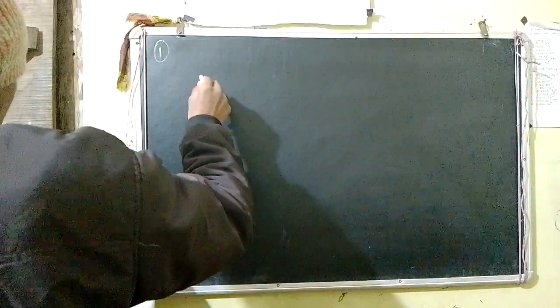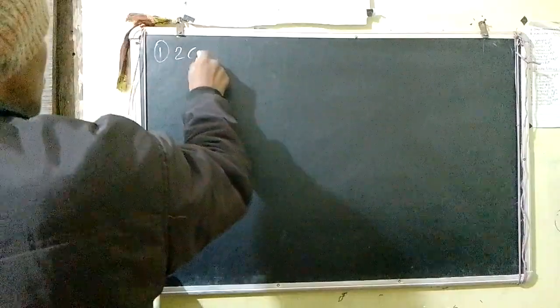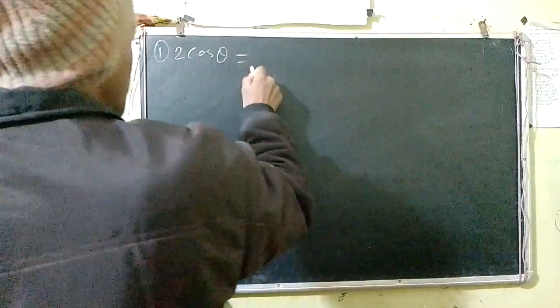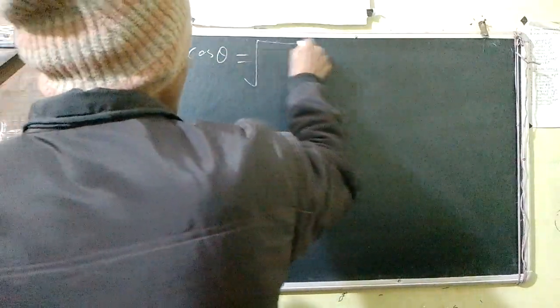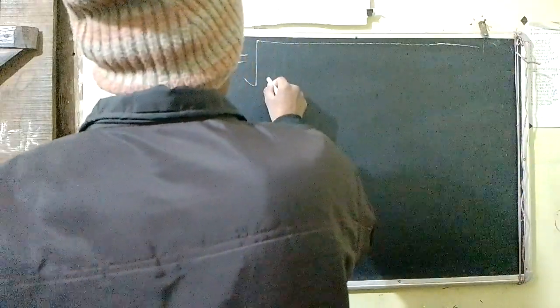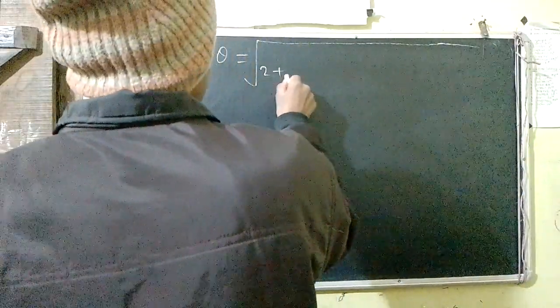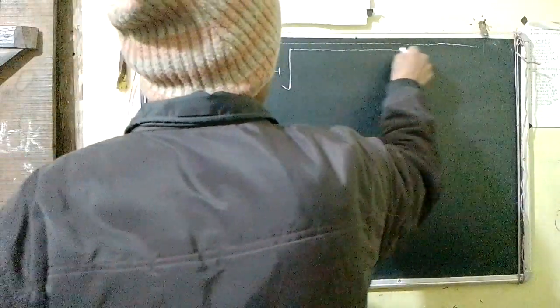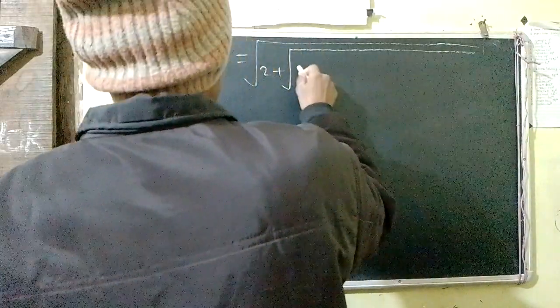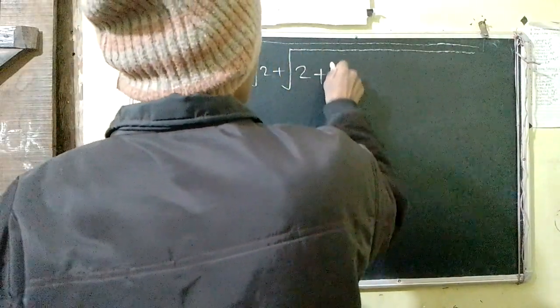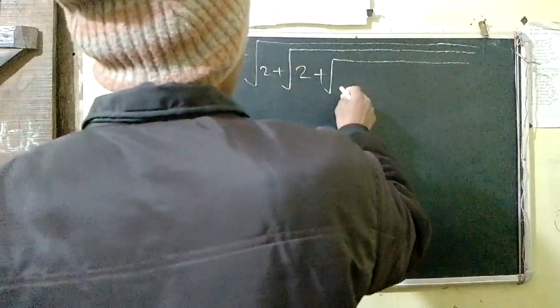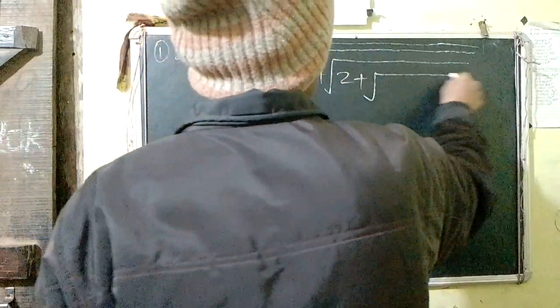Number one problem of the questions of the day is 2 cosine theta. We're going to have lots of square roots now. Square root of 2 plus square root of 2 plus square root of 2 plus square root.